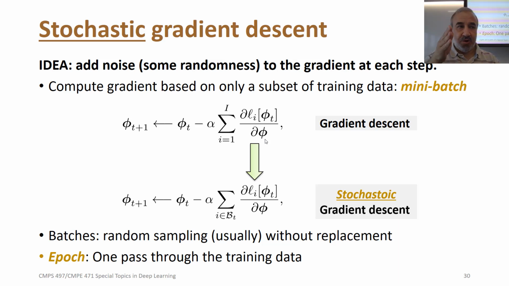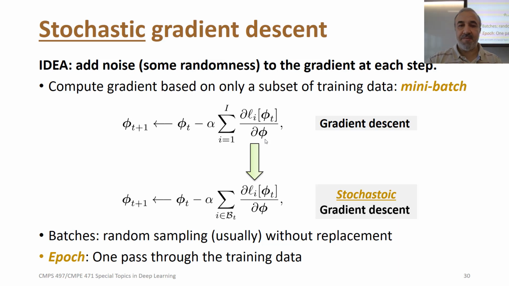But by doing that, the expected direction of the gradient is the original gradient. But it is taken over different steps. We'll see the effect of that. You still have a question? Without repetition. The batches, usually we take the batches to be disjoint.